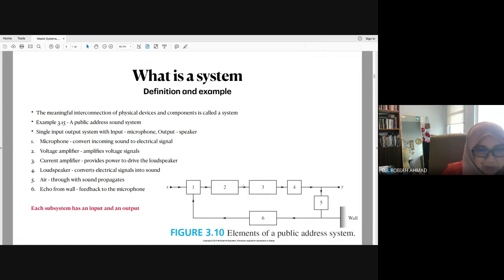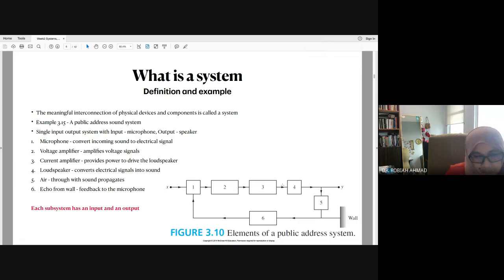or current. So in this case, we go to component 3, which is the current amplifier, if subcomponent 2 converts the voltage into current. So the current amplifier will provide power to drive the loudspeaker.